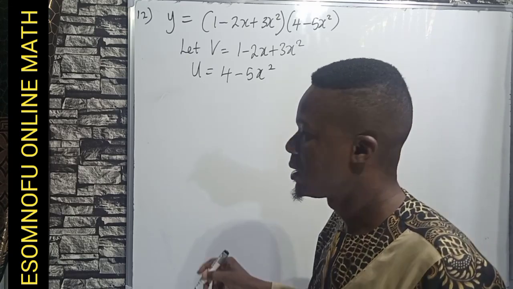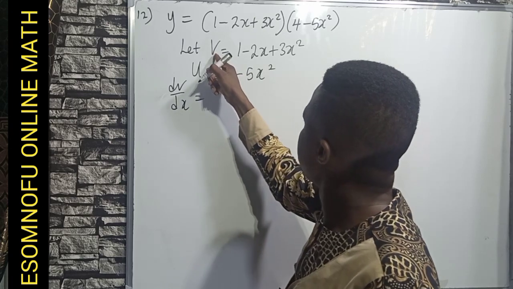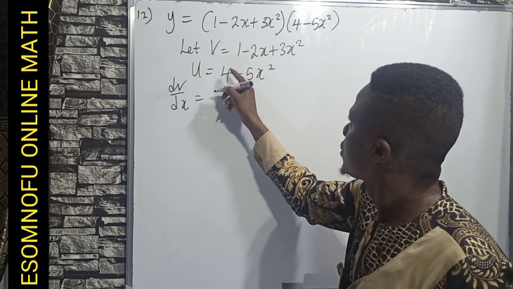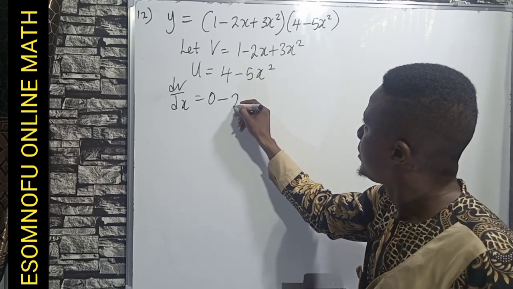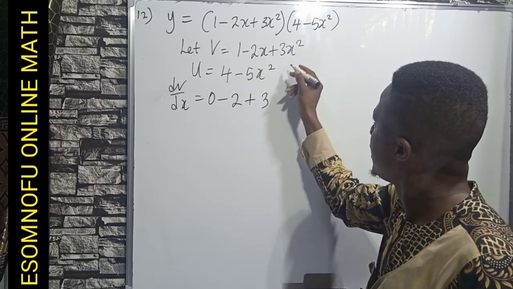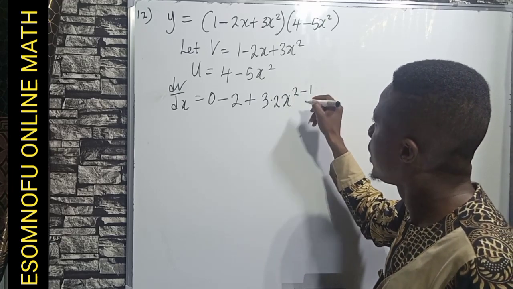Then dv/dx, differentiating this, when I differentiate 1, I will get 0. If I differentiate 2x, I'm getting 2. Plus 3, the 2 will come down, it will multiply by 2x to the power of 2 minus 1.